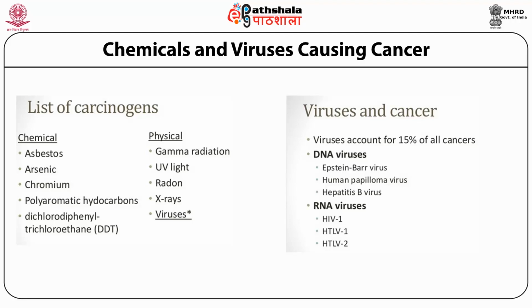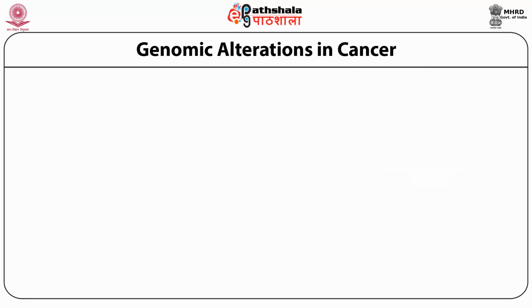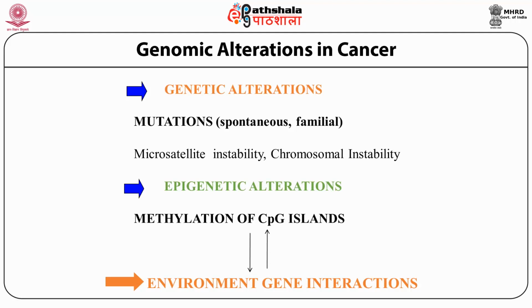Similarly, liver cancer or hepatocellular carcinoma is caused by the hepatitis B virus. Once the cell becomes immortal, as we had earlier seen by an activation of the telomerase, there are events that lead to accumulation of genomic instabilities.